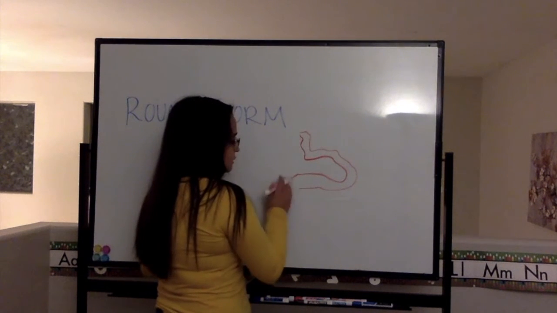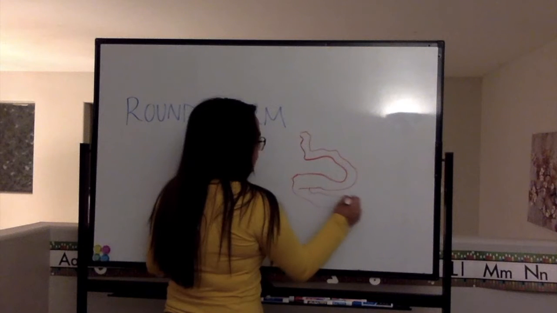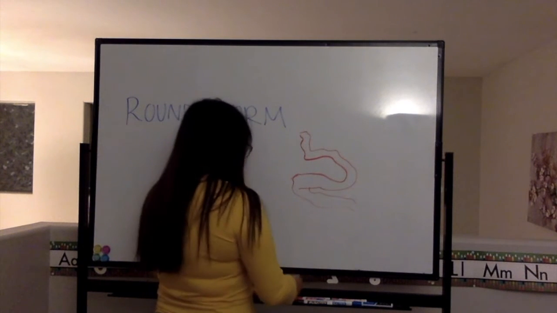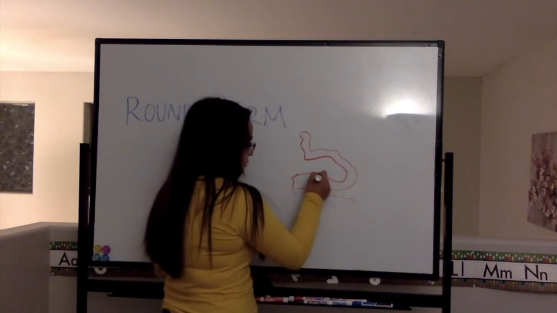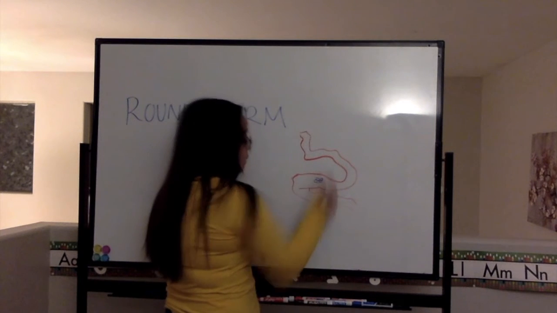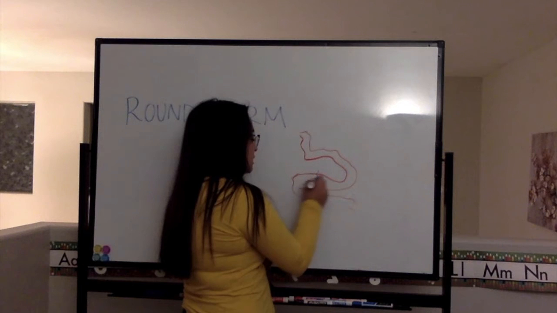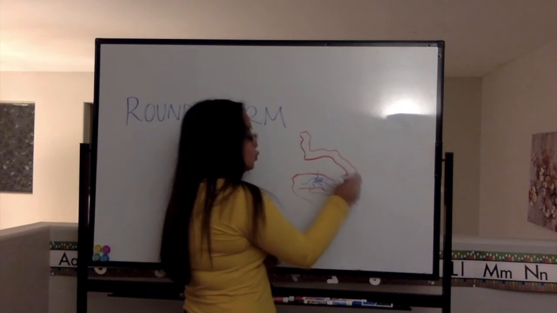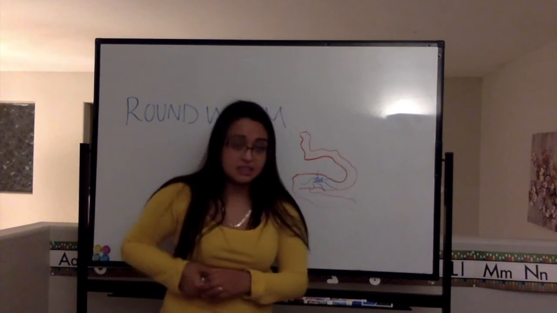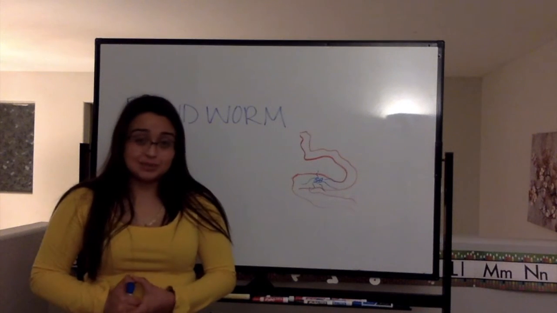Okay, let's say this one looks like this. And so our eggs arrive to our host. Once inside the new host, these eggs hatch and release new worms, new parasites, and the process repeats itself.